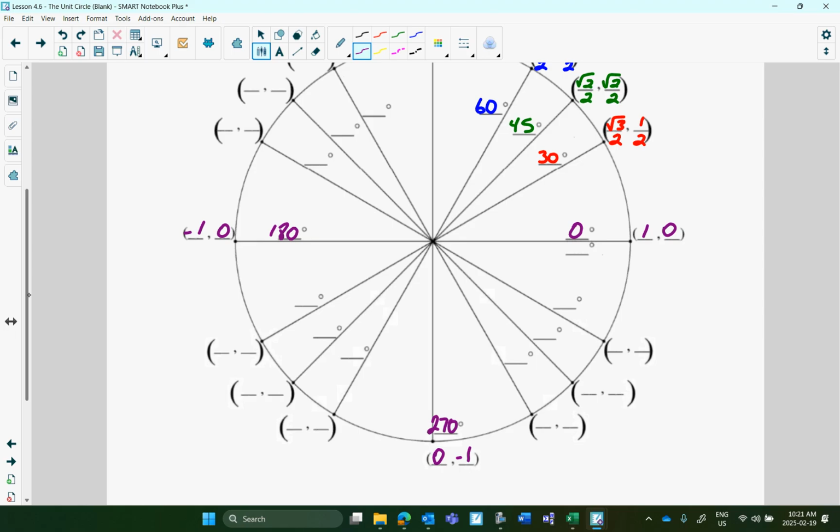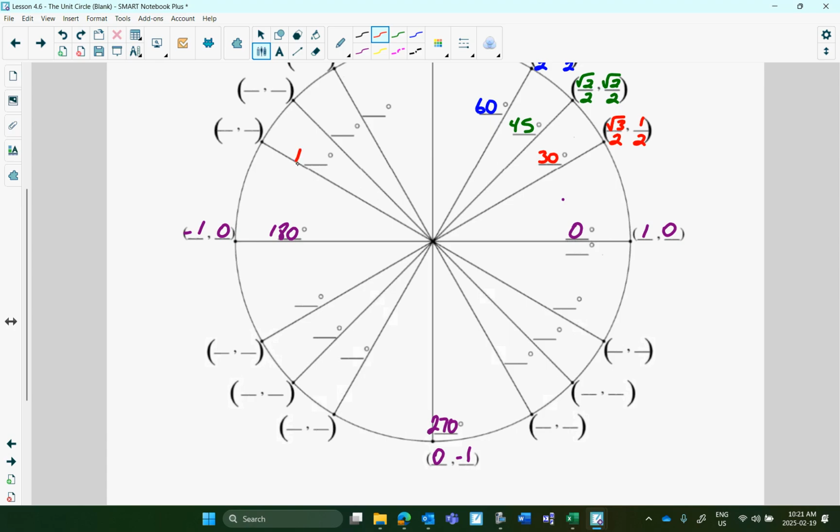Let's look at a family, we call it the family of 30 degrees. Who's part of this family? Every 30-degree angle that's coming out from the origin. So this one here is related to this one here, but what's the measure of this?